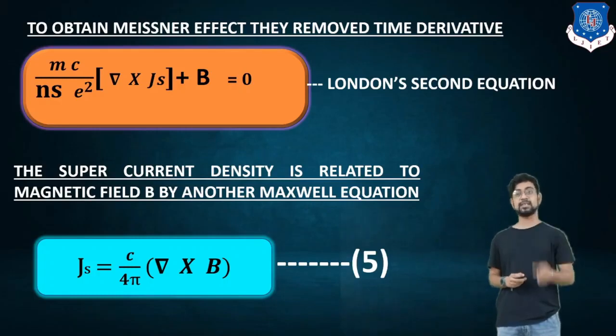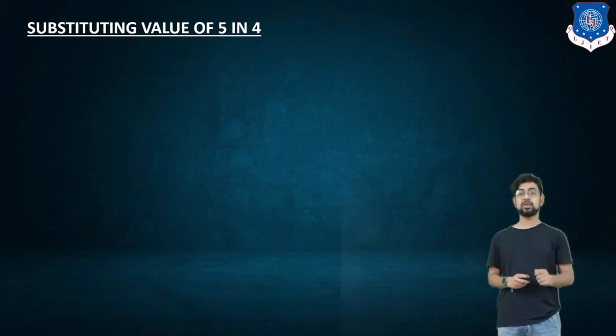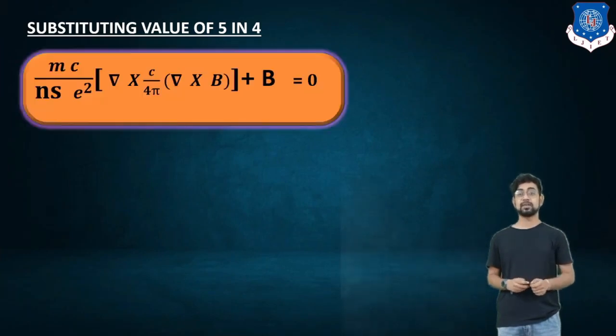Equation 5 is substituted in the second equation, and we get mc upon ns e square times curl of c upon 4 pi times curl of B, plus B equals 0.